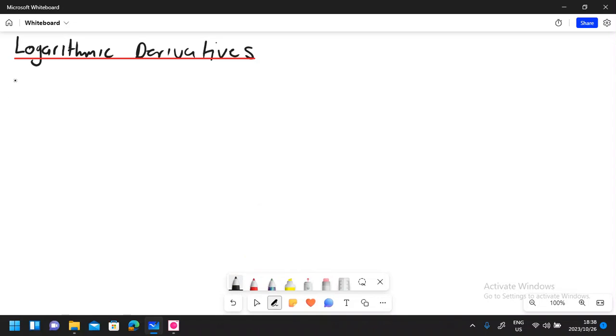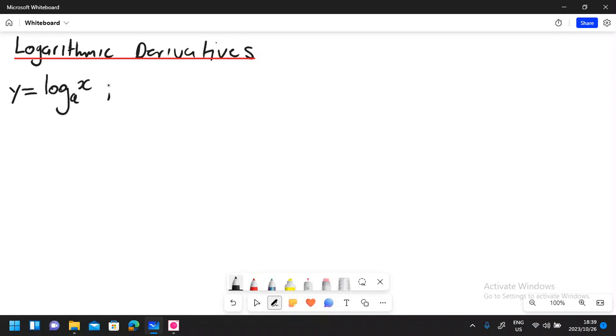Now when we do the logarithmic derivatives, we are going to use some formulas, so I hope you guys will pay attention. We're going to start with the standard log. So let's say we have a log like this, and the base here is a, and this is x.